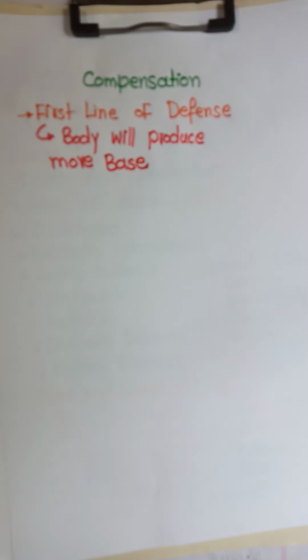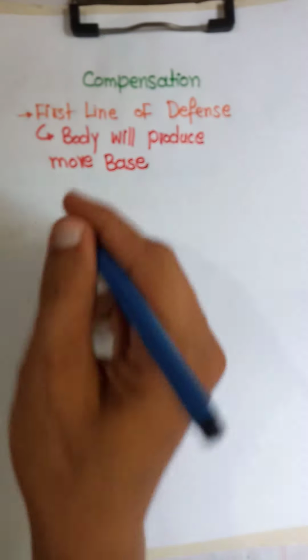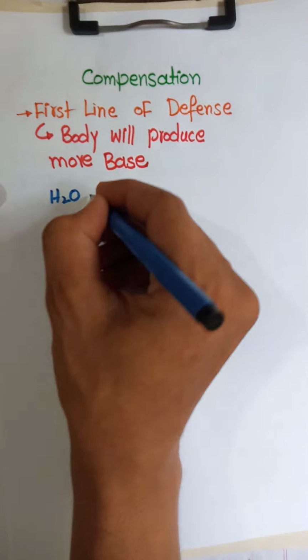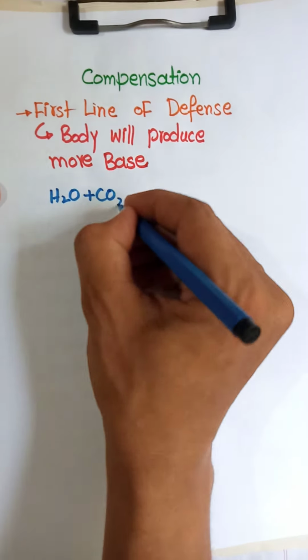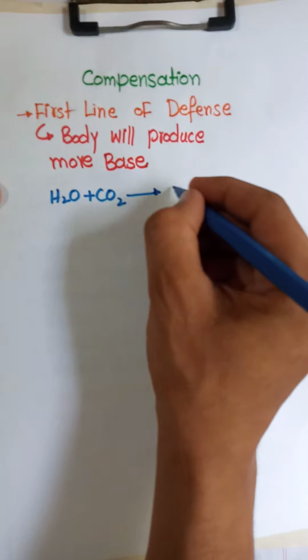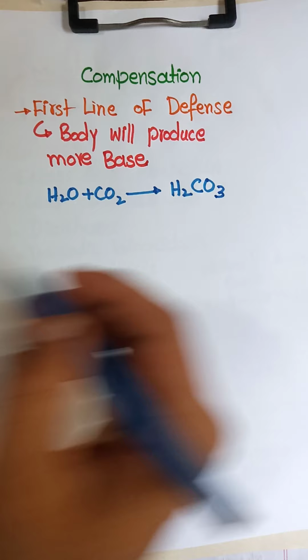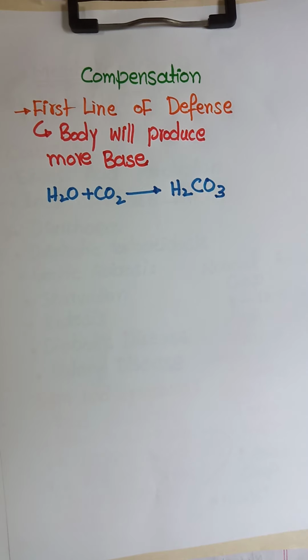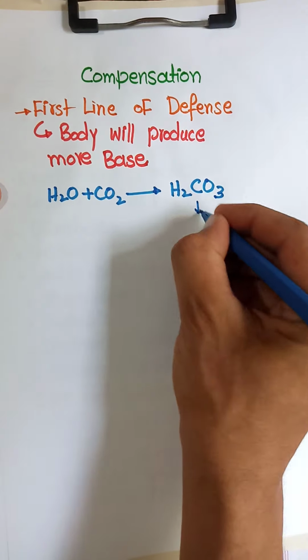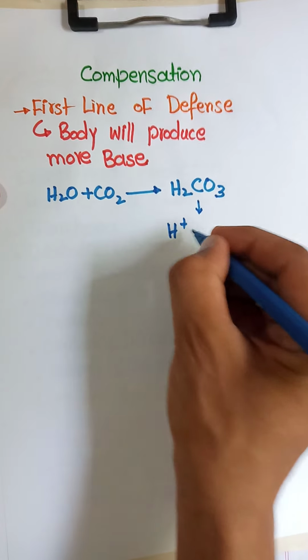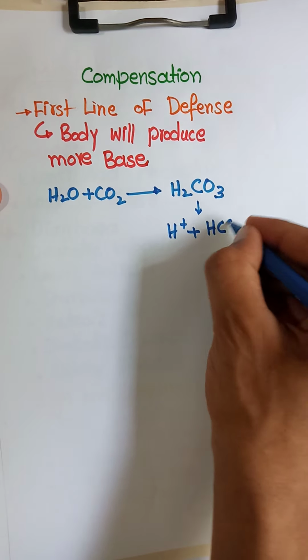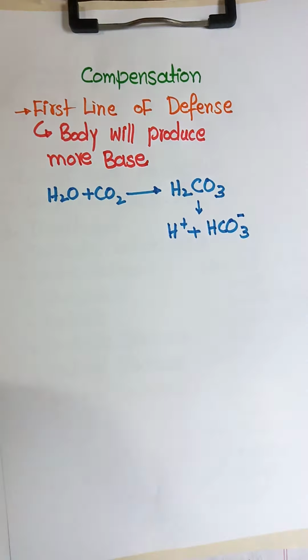According to the equation in which H2O plus CO2 will give H2CO3, the reaction will go toward the side which has more basic form to produce more base.